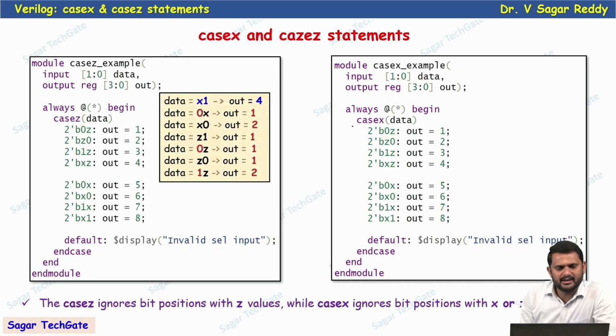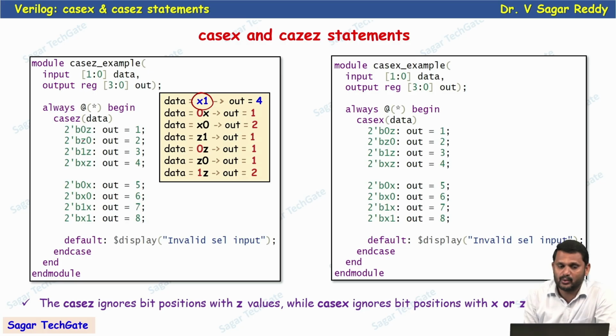For example, my input data is x1. In case of casez, z is considered a don't care. So now we are searching for x1. The x should match. Only z is a don't care. If we match x, here it is 0, so it is not. It matches here with z.